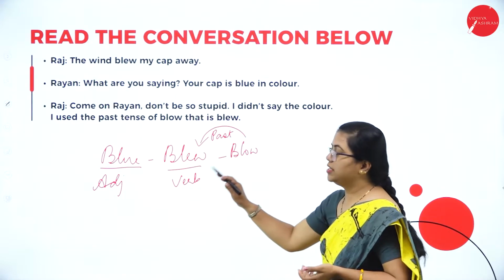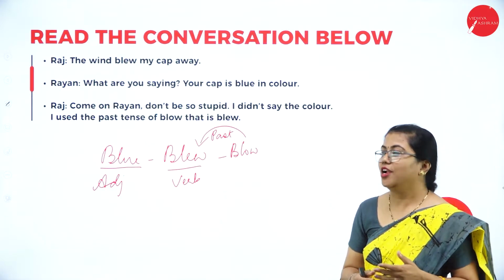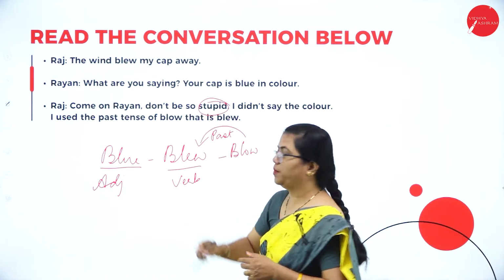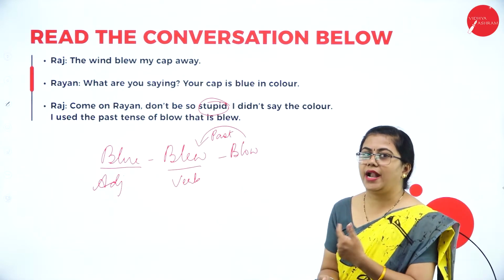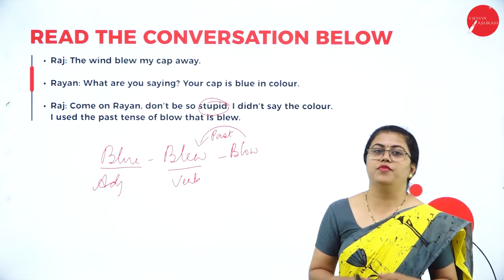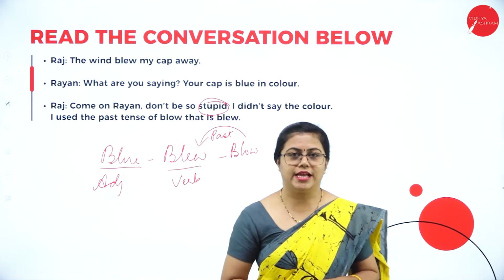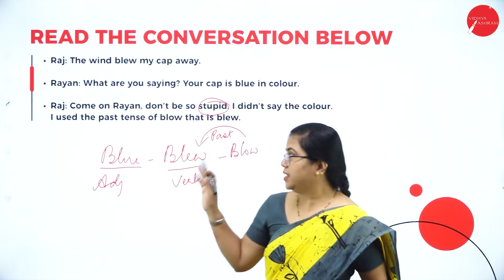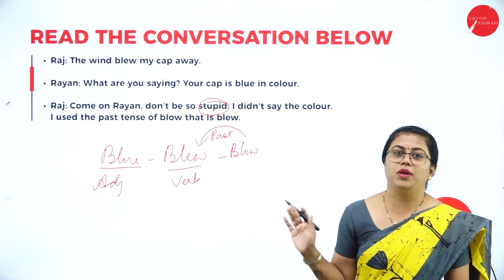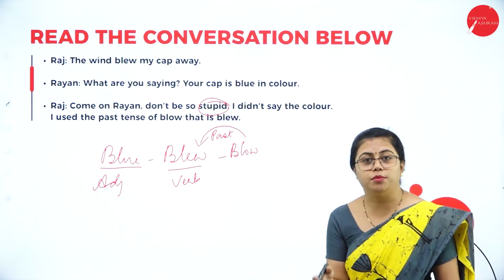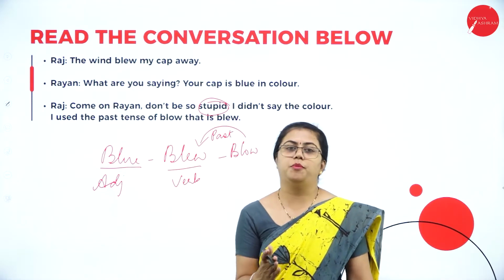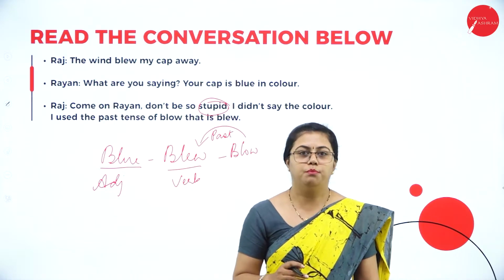Fine. So this way Ryan gets confused, and don't you feel he calls him stupid. So people must be feeling like that, isn't it? Suppose you land up in such an embarrassing situation, obviously you will also be called like that only. Isn't it? So this way you should not confuse between words there. You should know the proper spelling so that you will know the proper meaning. If you know the proper meaning, your usage will be perfect.